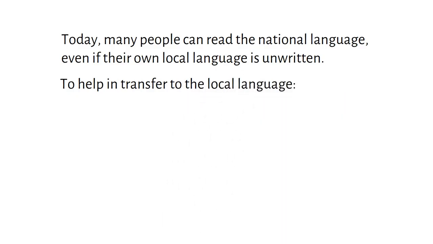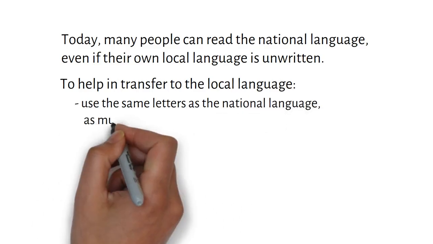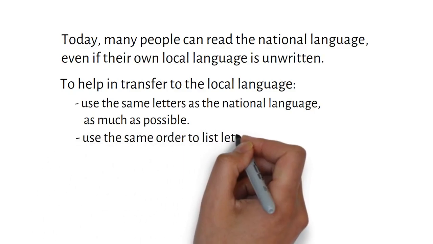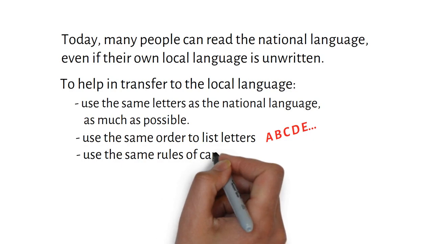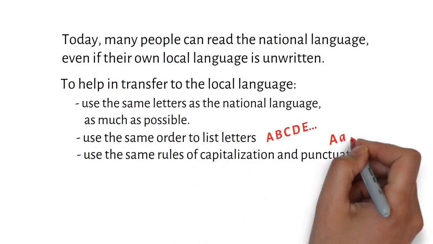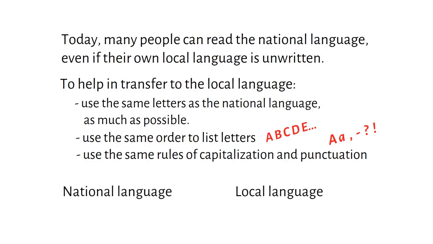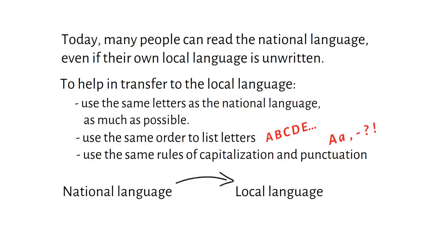To help these speakers transfer to their local language, the local language orthography should use the same letters as the national language does, as much as possible. You also want to use the same alphabet list order and rules of capitalization and punctuation, if possible. This will help readers who know the national language to read their own language more easily.